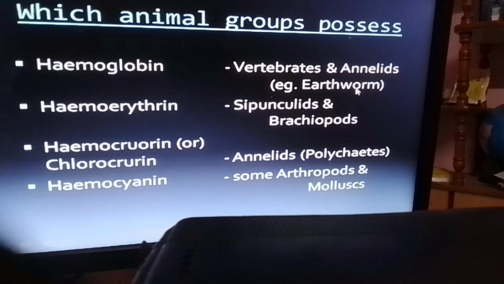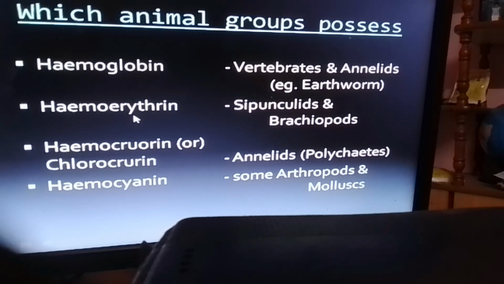But among the invertebrates, even though by structure it is similar, it seems to be in a dissolved form in the plasma. Anyway, functionally it carries oxygen from the source to the different parts of the body through the circulatory vessels. Then hemoerythrin.